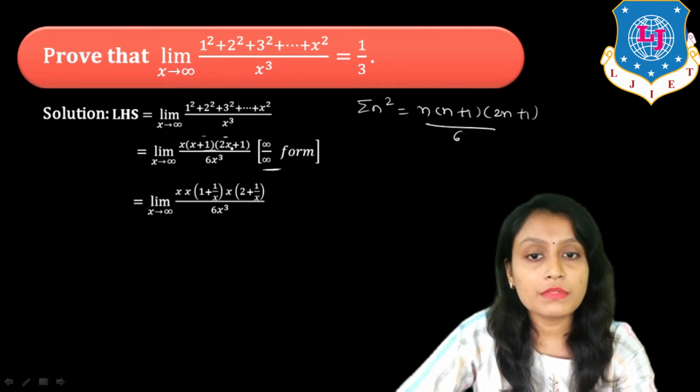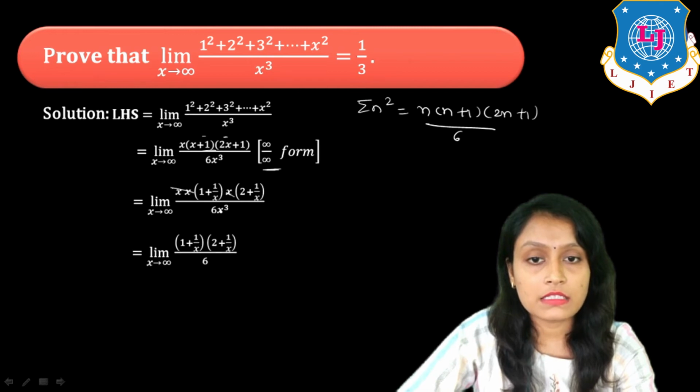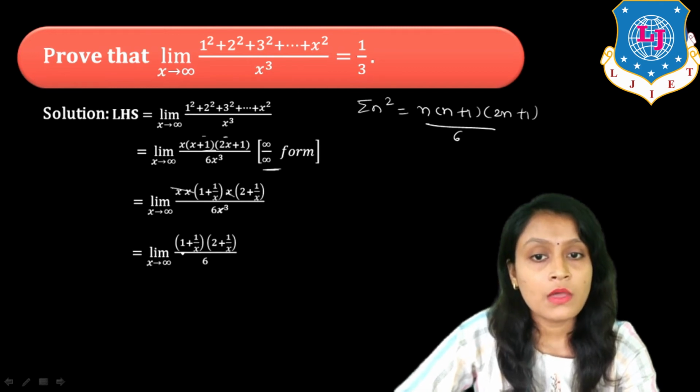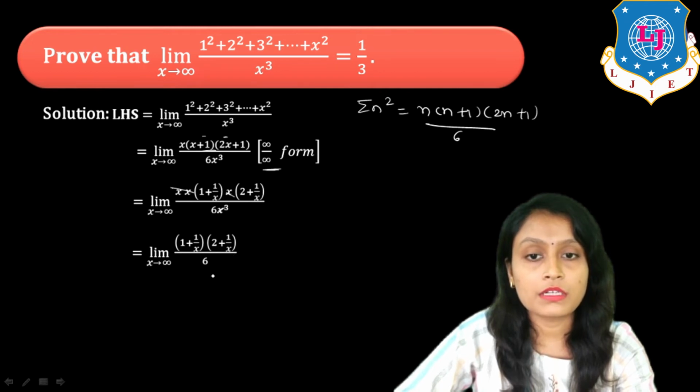Take x common from this bracket, so you will get x into 2 plus 1 upon x, upon 6x cube. Now this x will get cancelled, and what will remain is 1 plus 1 upon x into 2 plus 1 upon x upon 6.